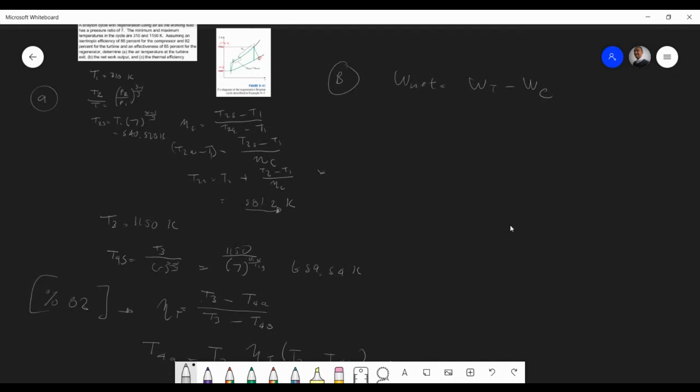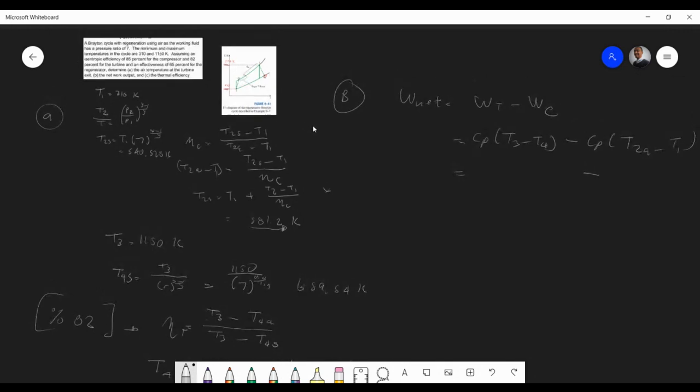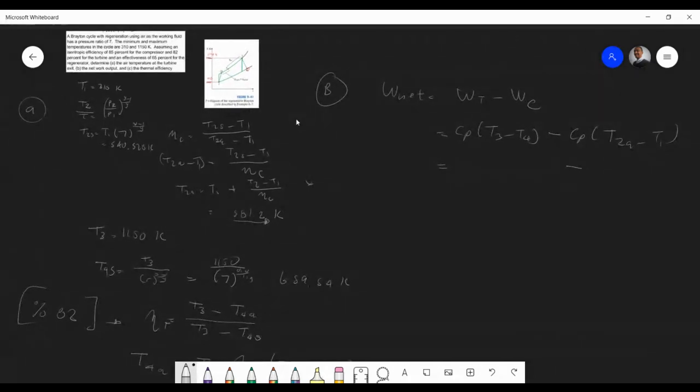Your turbine work is Cp (T3 minus T4A) minus Cp (T2A minus T1). So we're going to get the value of each one. We are dealing with air, which wasn't actually stated. Oh, it does say air.